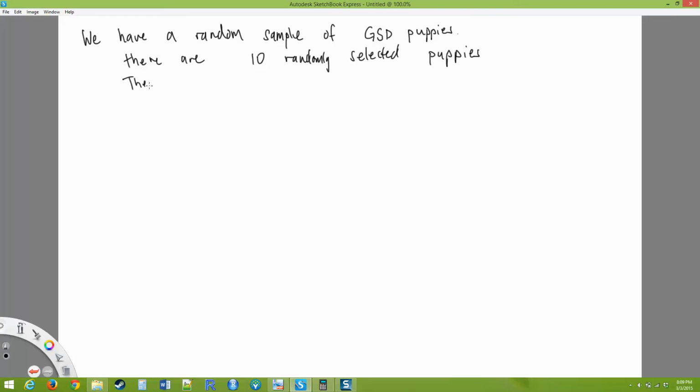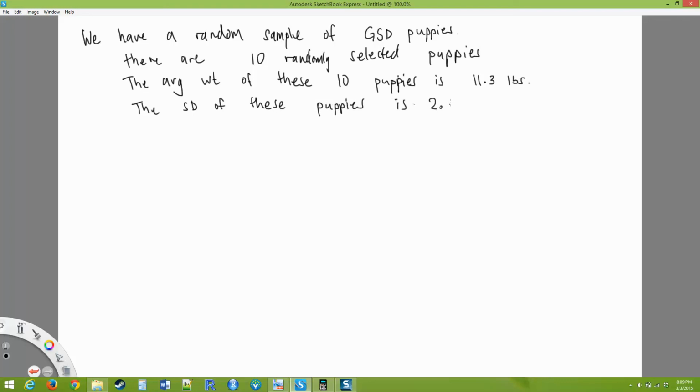The average weight of these 10 puppies is 11 pounds, or we'll say 11.3 pounds. And the standard deviation of these puppies is 2.1 pounds.